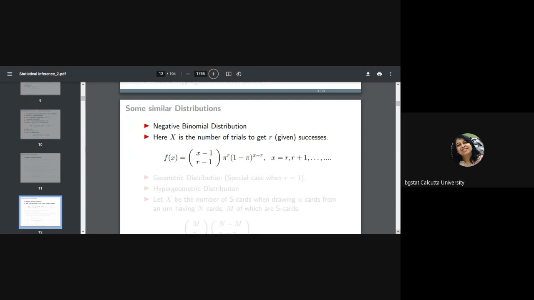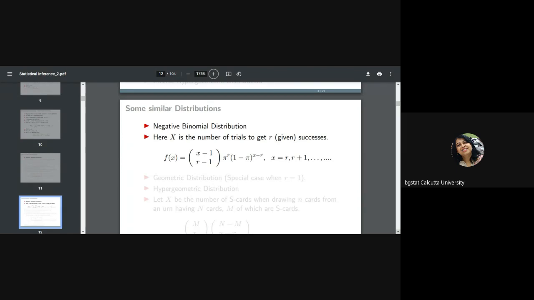So what is the probability of this? This is again related to the binomial distribution. I have a total of x minus 1 trials and I observed r minus 1 successes. So you can plug in the binomial PMF and get x minus 1 choose r minus 1, pi to the power r minus 1 times 1 minus pi to the power x minus 1 minus (r minus 1), which is the same as x minus r.